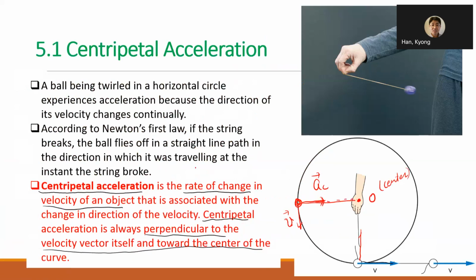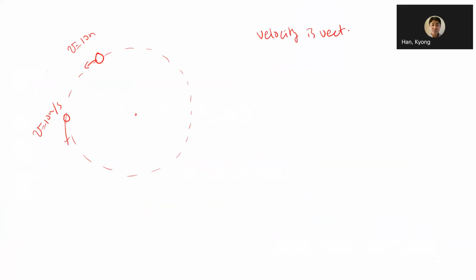Centripetal acceleration is related to the rate of change in direction of an object, associated with the change in direction of velocity. Even if an object is rotating and moving at, say, v equal to 10 meters per second, keeping the same speed, velocity is a vector quantity.